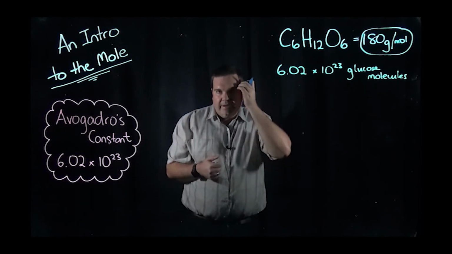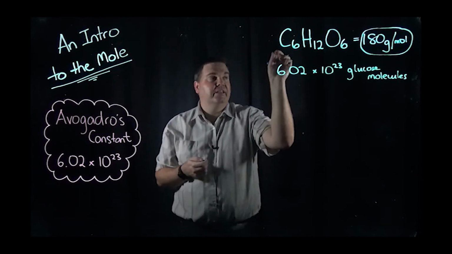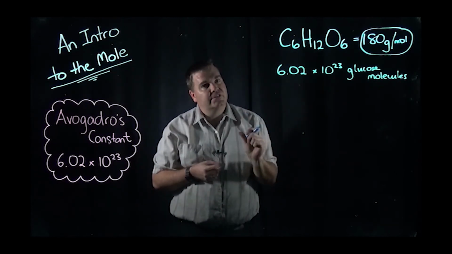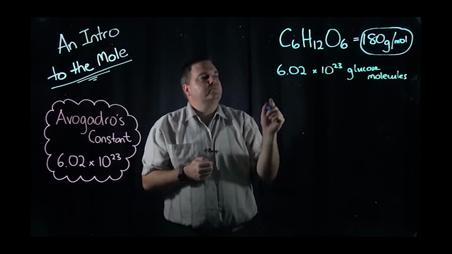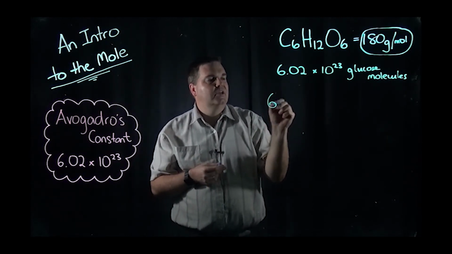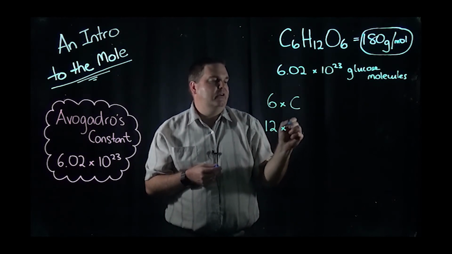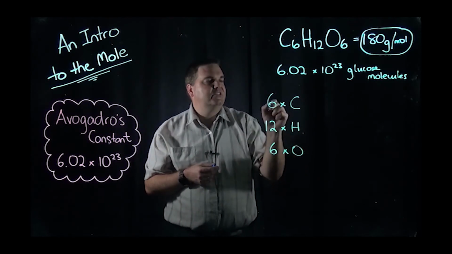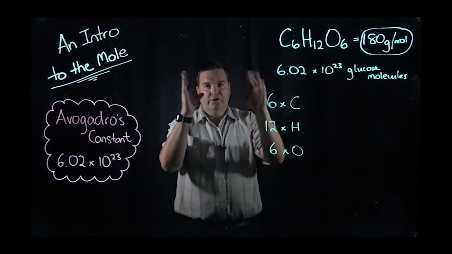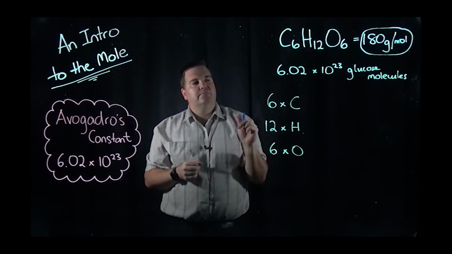But if we start breaking it down, Avogadro's constant can be applied to the carbons, hydrogens, and oxygens in here as well. Within that glucose molecule, we actually have 6 carbon atoms, 12 hydrogen atoms, and 6 oxygen atoms. That's within every molecule. So you've got your molecule as a whole, the whole big thing, and then we're breaking it down to each of the individual atoms in there.